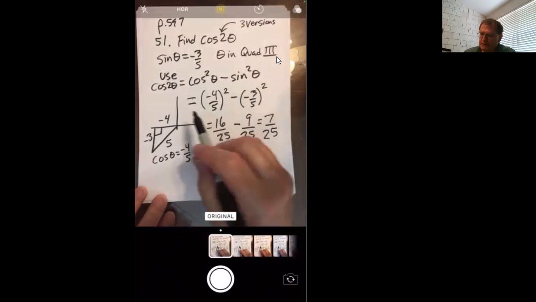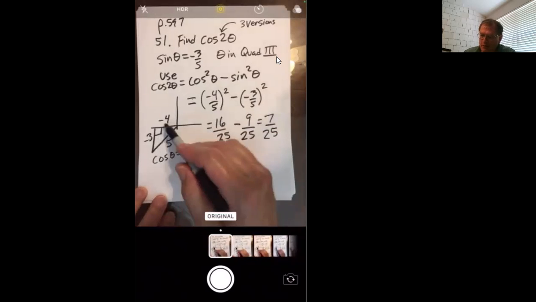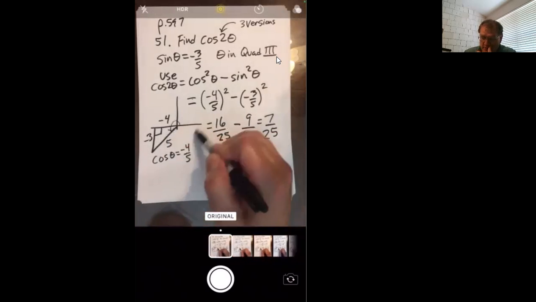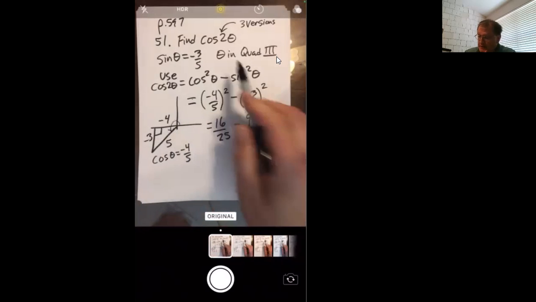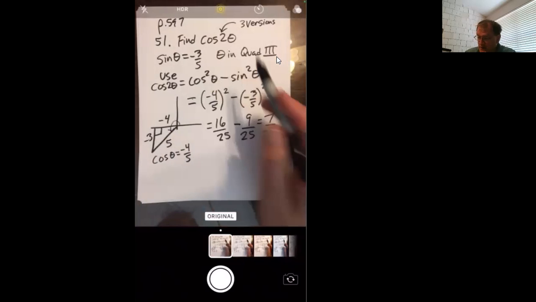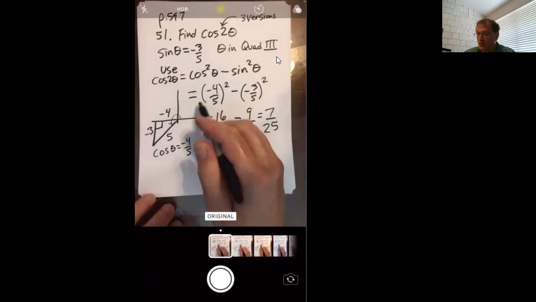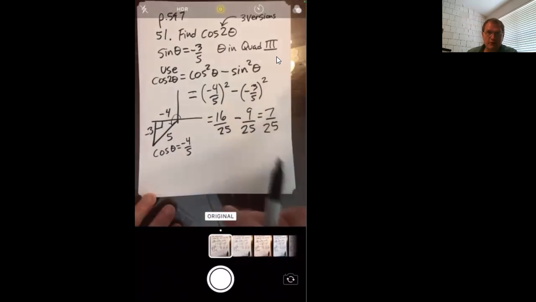Which means you've doubled. This is theta around to here. Doubling it would probably throw it into the first quadrant. And your cosine of 2 theta, your x coordinate, is positive in either quadrant 4 or 1, depending on which one it threw it into.